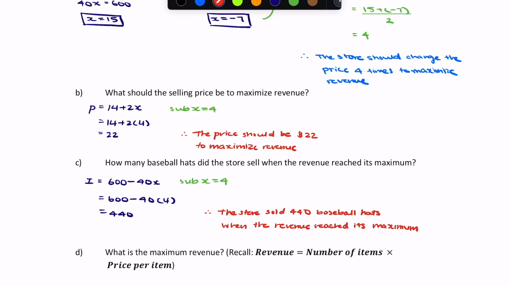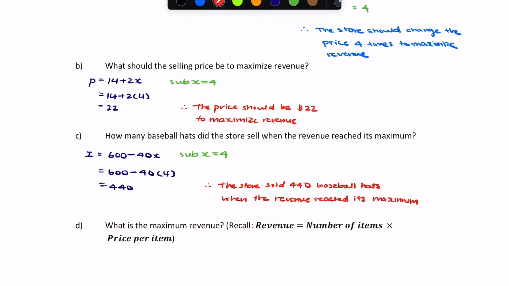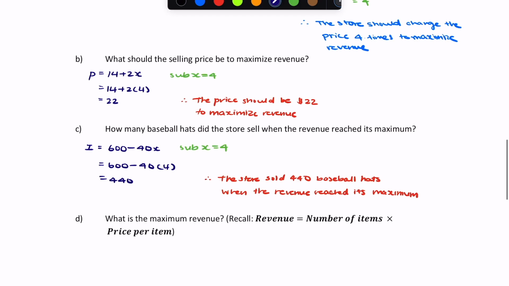Okay, and then now it tells us to look at the maximum revenue. And so again, remember the revenue is equal to the number of items times price per item. And so here we solved that in part B and part C in this question. So here, the number of items was 440 when it maximized revenue, and the selling price was $22.